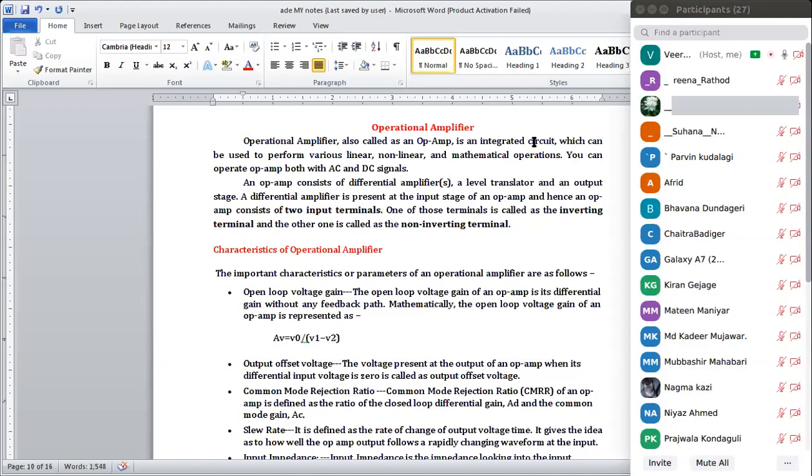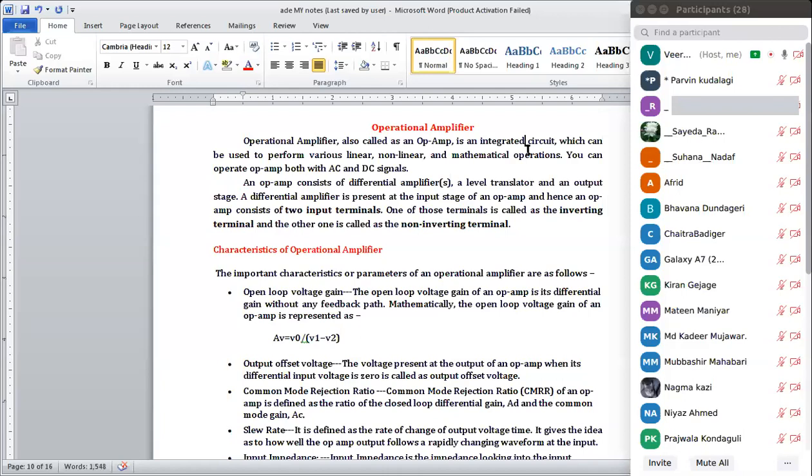So in a single chip package, we get a whole circuit that is called an IC, integrated circuit. Op-amp is also one of the integrated circuits. Op-amp also has a number of components.